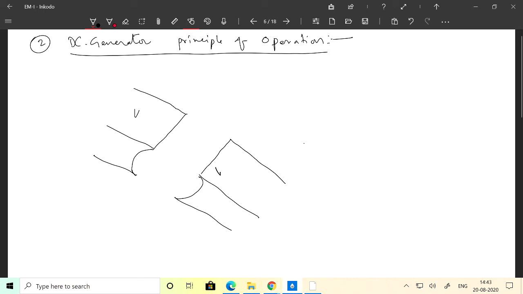So this is a north pole and this is a south pole, and you have a coil like this.